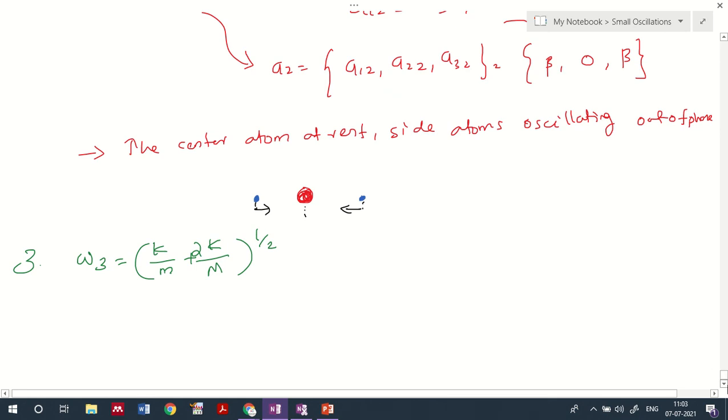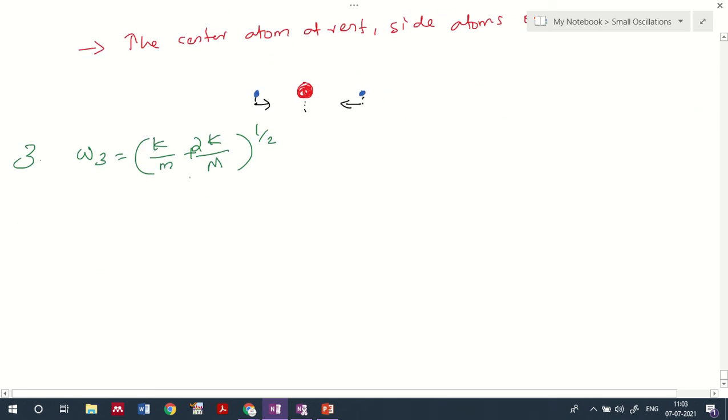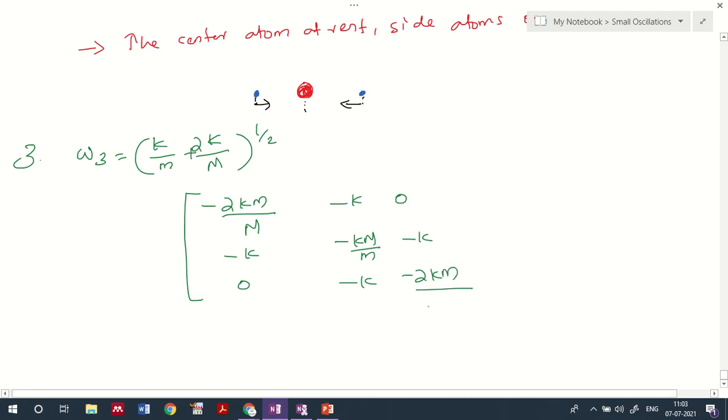Here I am not engaging with all the matrix multiplication; you can do it yourself by substituting omega 3 equal to (k by m plus 2k by capital M) raised to 1 by 2, and the final matrix will be: km by capital M minus k, 0, minus k capital M by m minus k, 0, minus k, minus 2km divided by capital M.